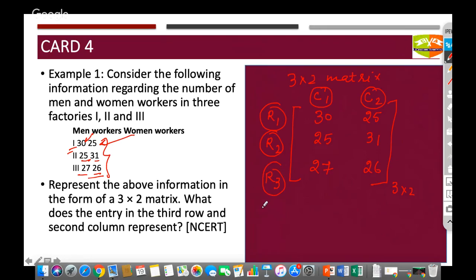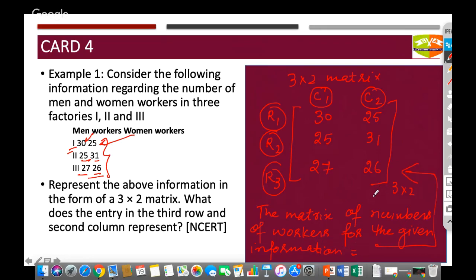You should only write that the matrix of number of workers for the given information would be equal to, and you should draw this particular matrix.